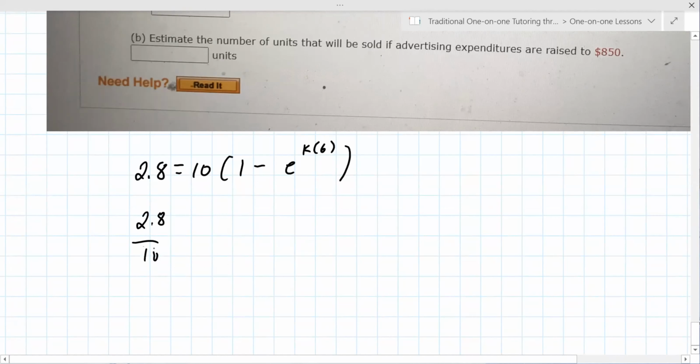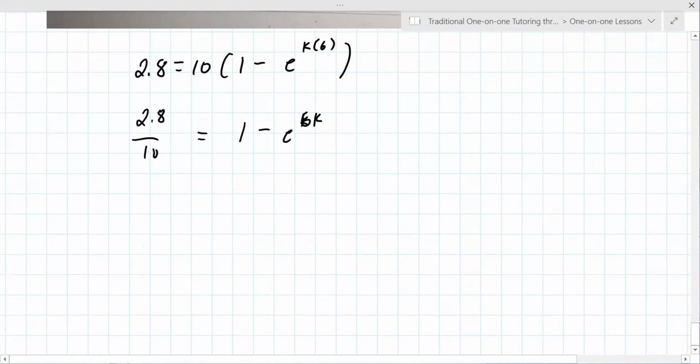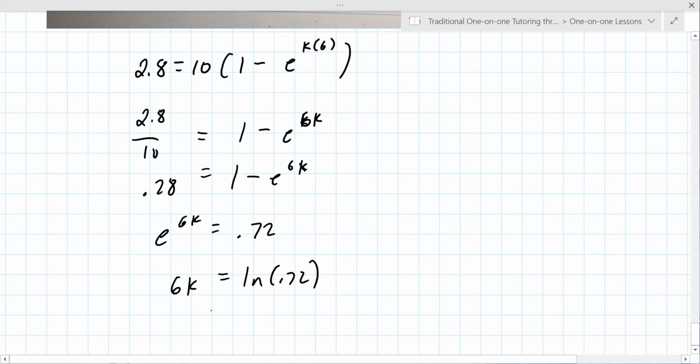2.8 divided by 10 equals 1 minus E to the 6K. So 2.8 divided by 10 is 0.28. Then you can subtract and move it over, and you get E to the 6K equals 0.72. ln gets the variable out, so it's ln of 0.72, and then K is equal to the natural log of 0.72 divided by 6.